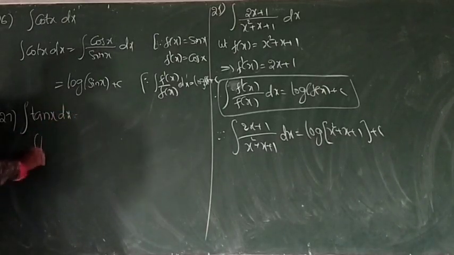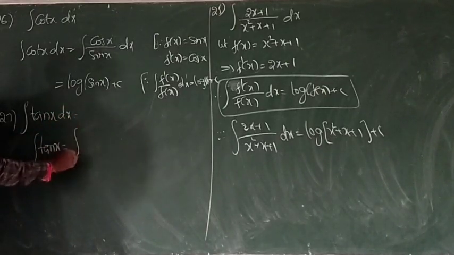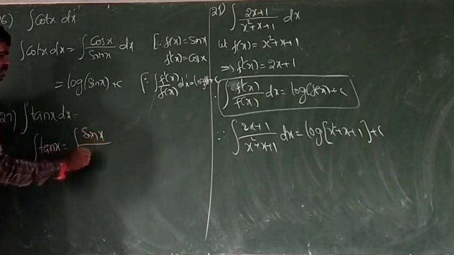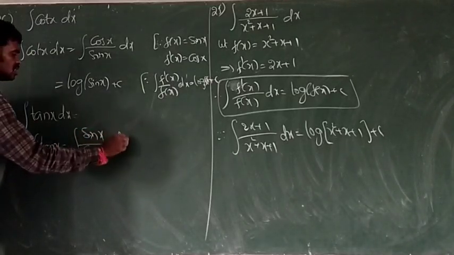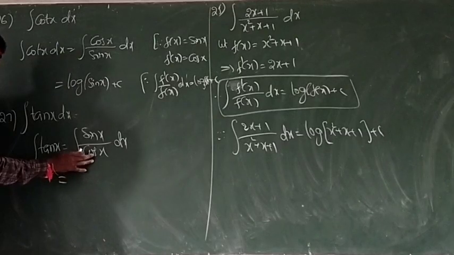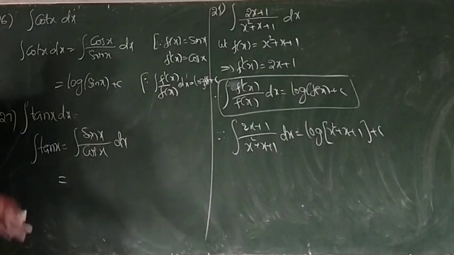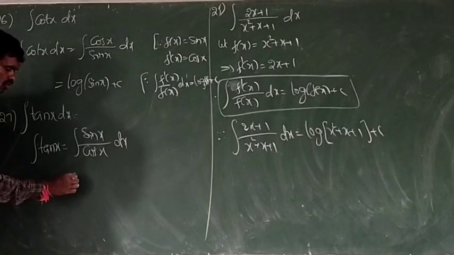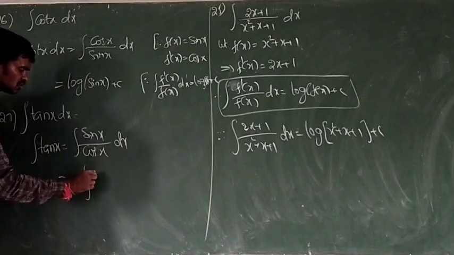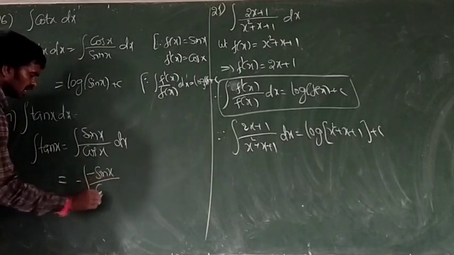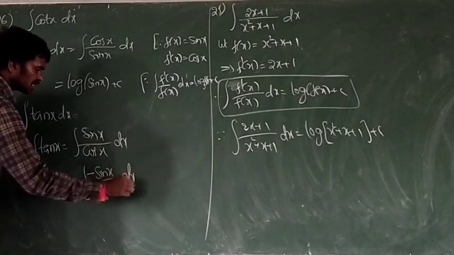Okay, so the integration of tan x means sin by cos, sin x by cos x. So here cos x is the function, and its derivative is actually minus sin x, but here the plus sign is there. So I am writing minus into minus sin x by cos x dx.